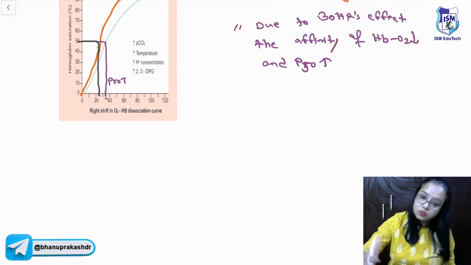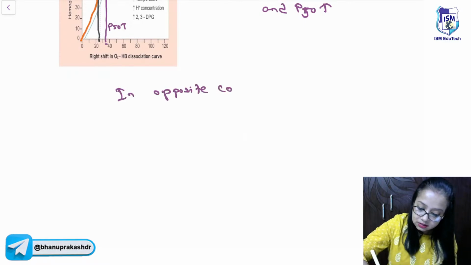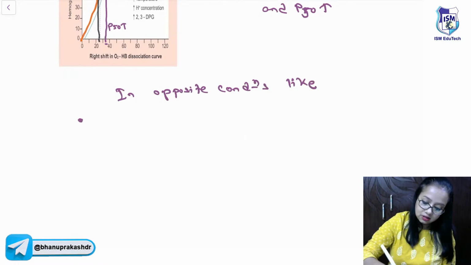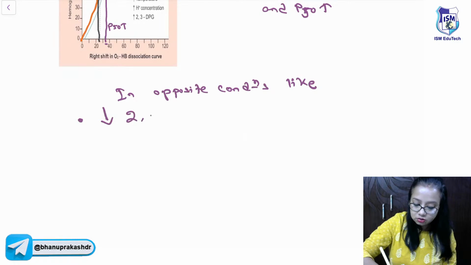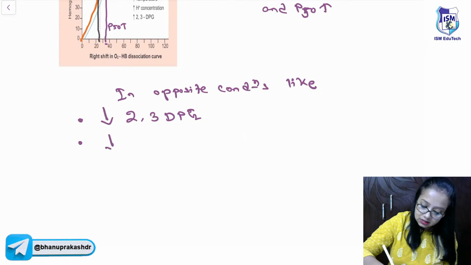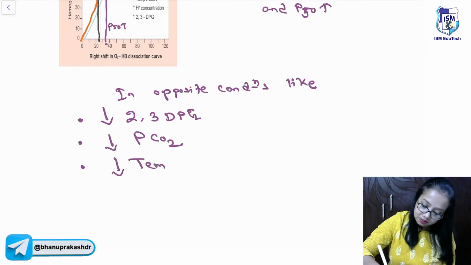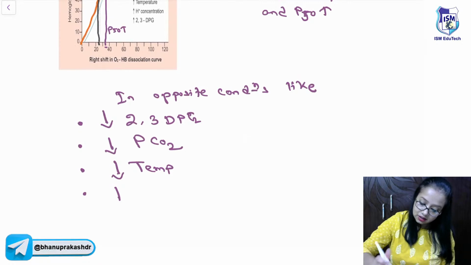Now, if the opposite happens, in opposite conditions, like decrease in 2,3-diphosphoglycerate, decrease in partial pressure of carbon dioxide, decrease in temperature, and increase in pH.